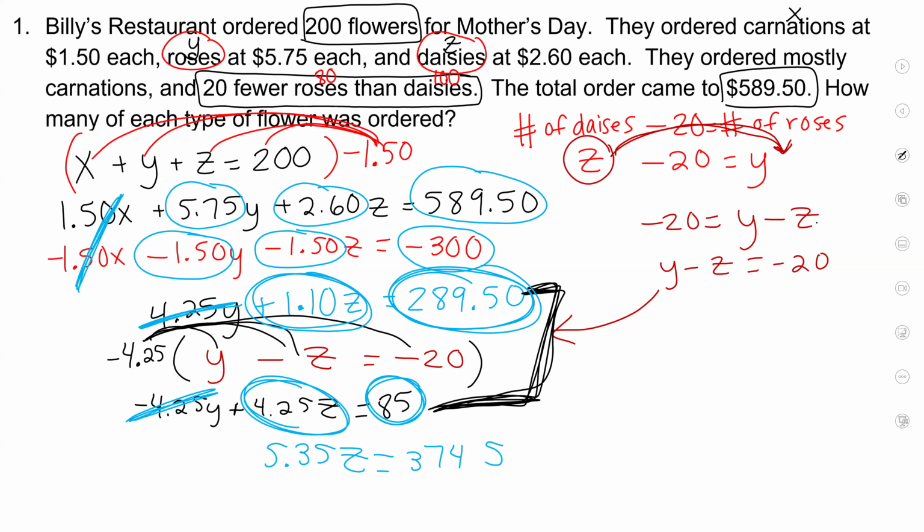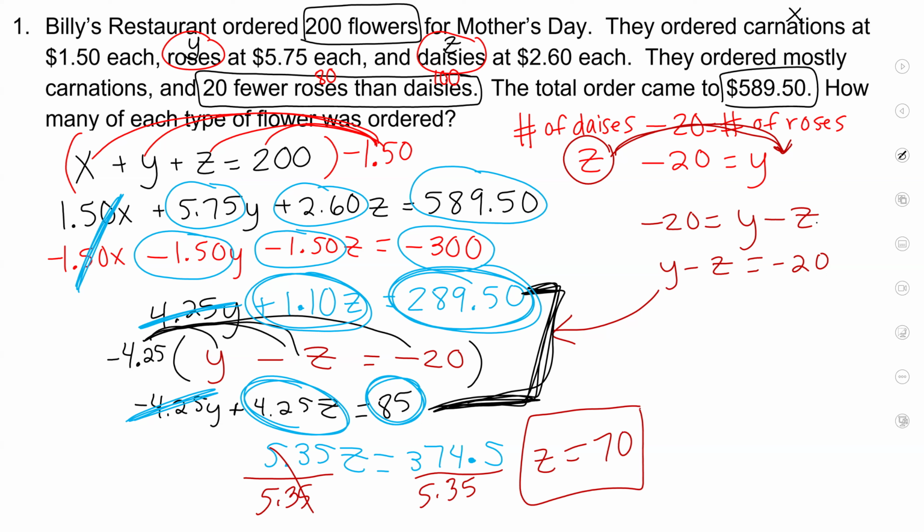All right, guys, go ahead and divide both sides by, what are we dividing by? 5.35. Let me know what you guys get for z. Z is equal to what? 70? Perfect. So go ahead and box that.